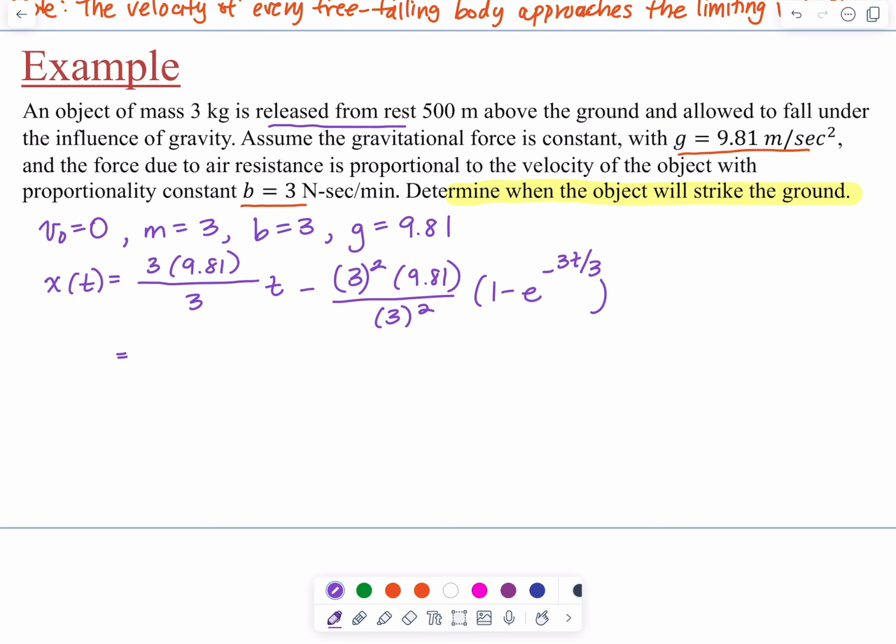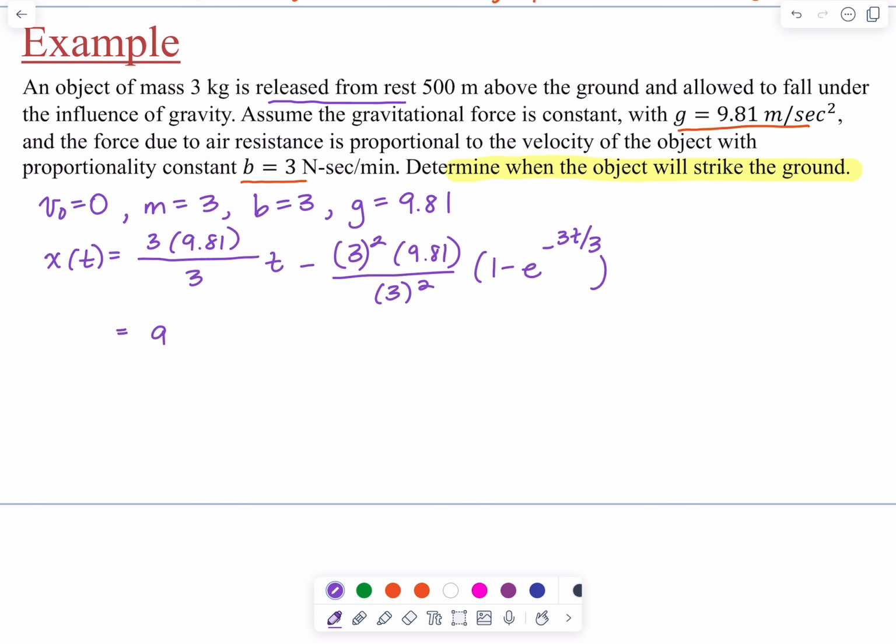And we will come up with 9.81t minus 9.81 multiplied by 1 minus e to the negative t. And you can, of course, see that here, here, and here.